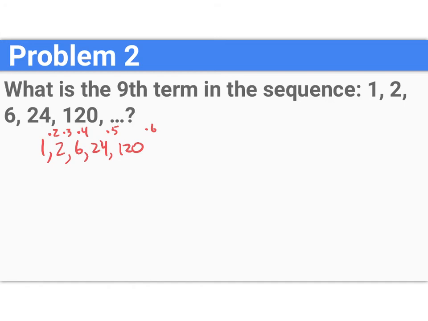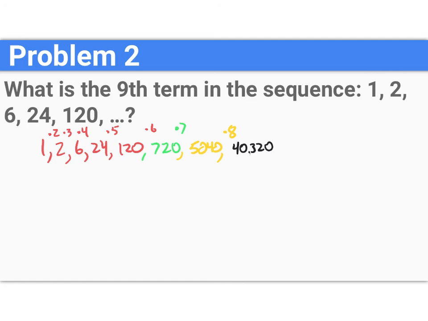720. Then multiply by 7, and we get 720 times 7, which is 5,040. Times it by 8, we have 40,320. All right, let me erase this comma.